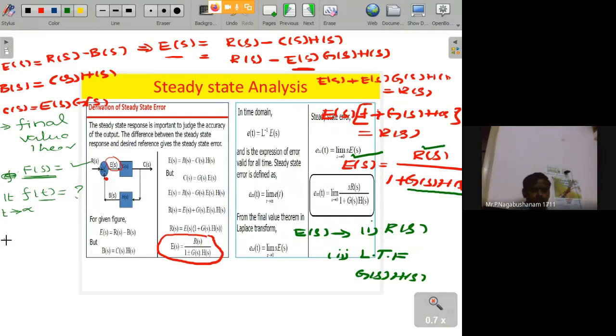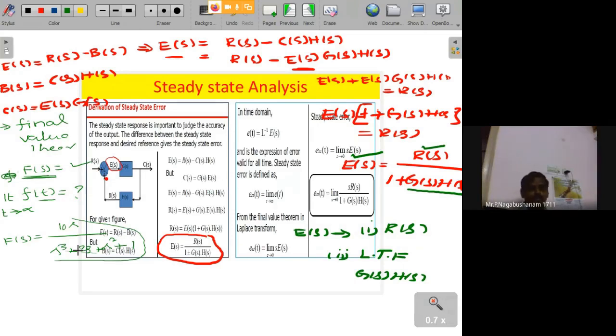For example, f of s is equal to 10 over s cube plus 2s square plus s plus 1. To get f of t we have to apply inverse Laplace on both sides. It is difficult to find the inverse Laplace of this one, because it is not a simple form. S power 3, s square, 2s plus 1 means it is difficult to obtain the roots. We can obtain the inverse Laplace, but it will take more time.